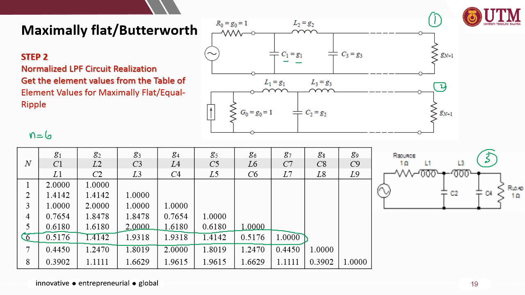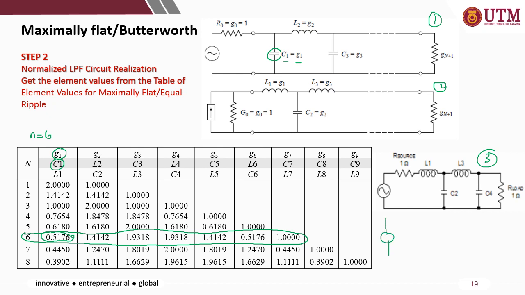So in this case, if you use the first configuration, the first one is a capacitor. Okay, so the first value is G1 for the capacitor, then it is 0.5176. So let's draw this one.